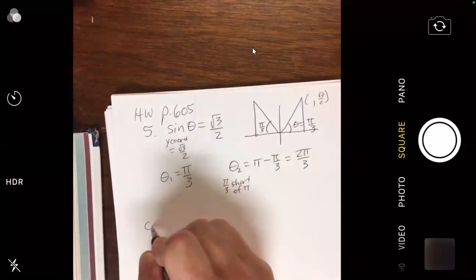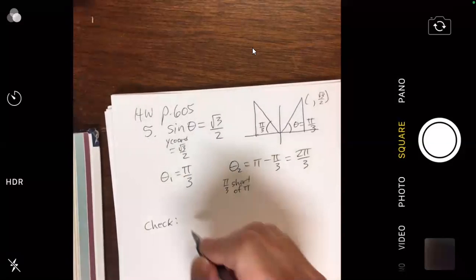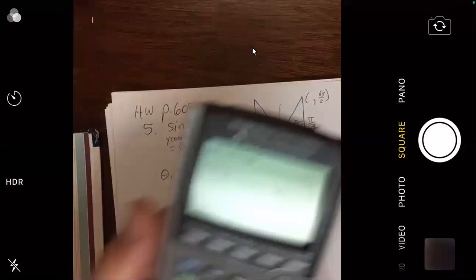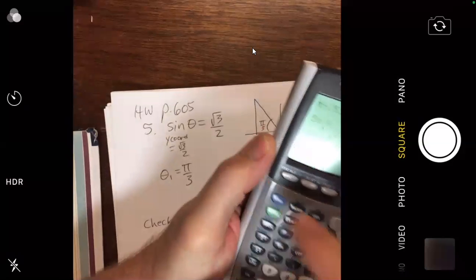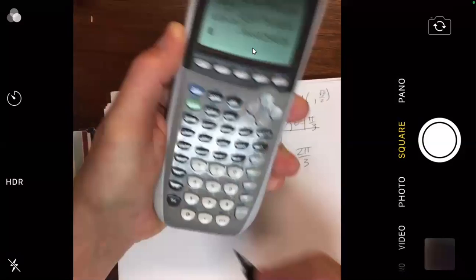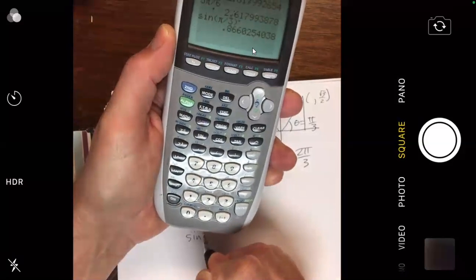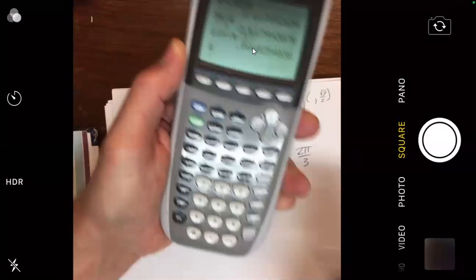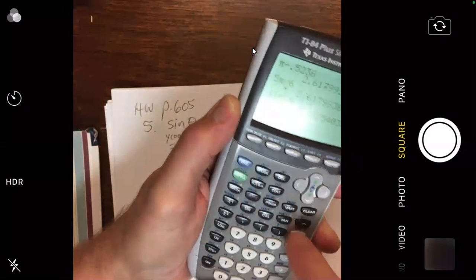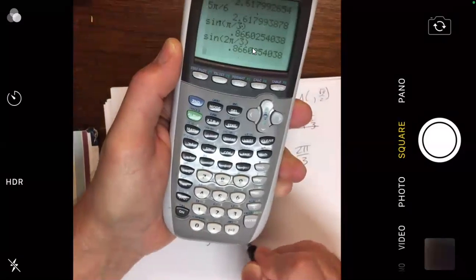If you wanted to check, sine pi over 3 is 0.866, sine 2 pi over 3 is 0.866.